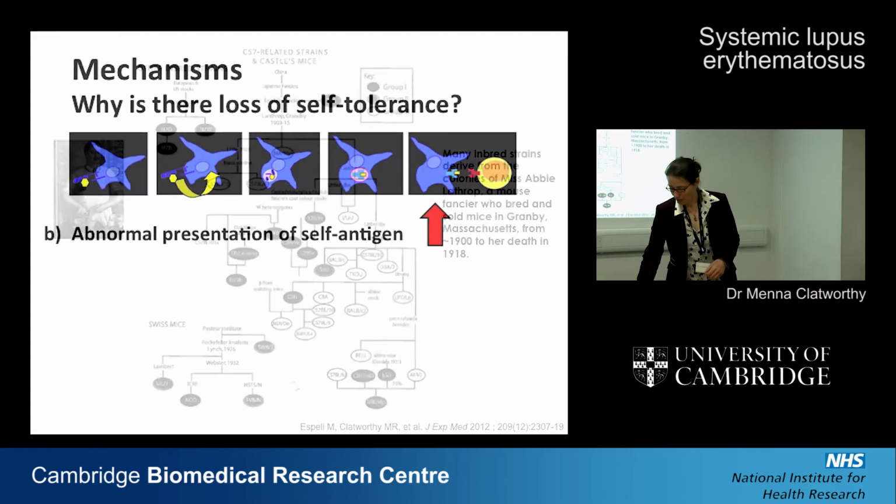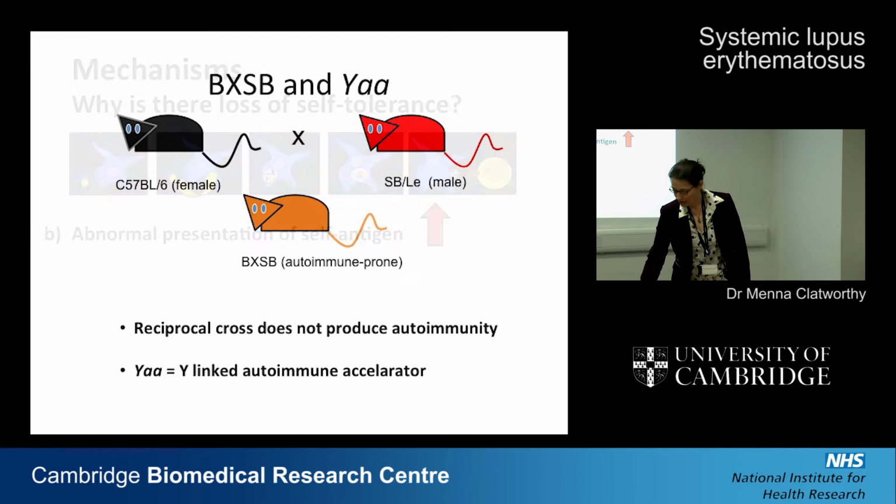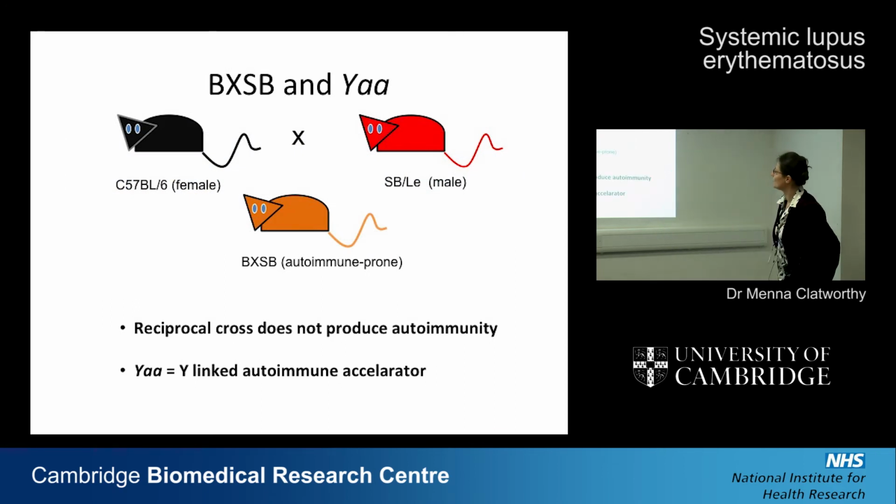And I'm going to focus on one of these that reveals to us the importance of antigen presentation and how things can go wrong in antigen presentation. That's the BXSB mouse.